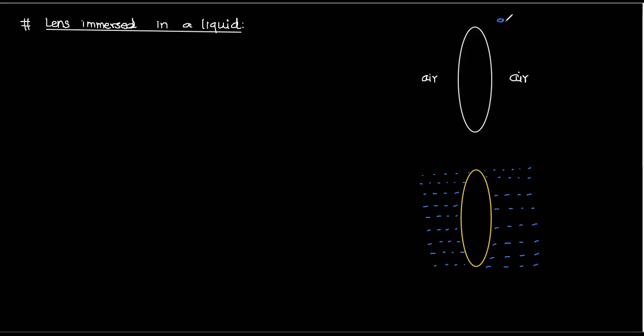So part A is what here? Lens in air. This one is what here? Lens in liquid. Now here the refractive index is what? Mu L. This is what? Mu for lens. Here again mu for liquid.